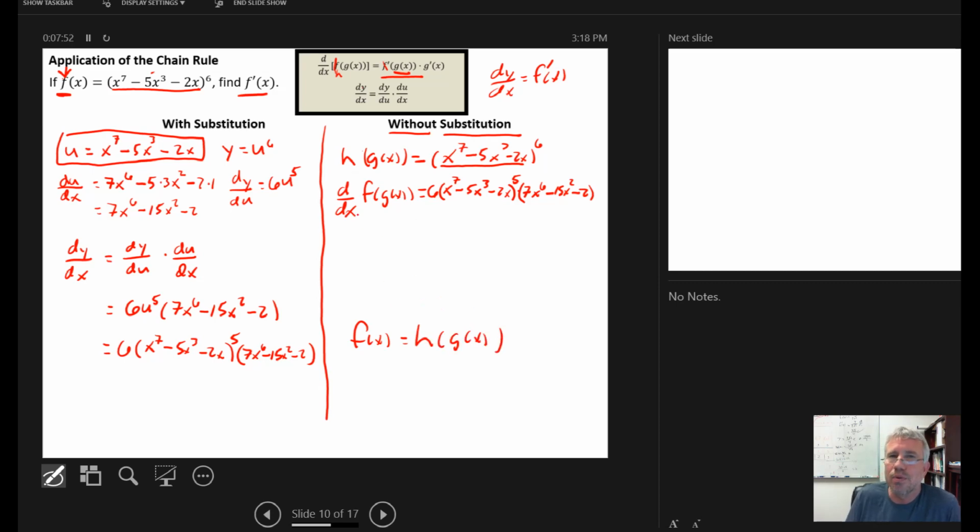And in this case, we want to recognize that the g of x is the x to the 7th minus the 5x cubed minus 2x, and the h of x is going to be the x to the 6th power, the outer function. So usually not good to use the same letter. It kind of mixes things up a little bit.